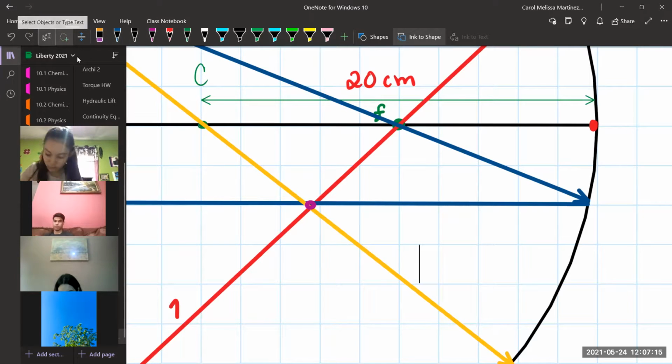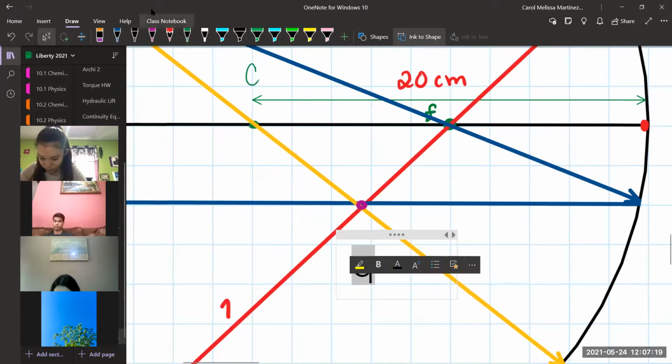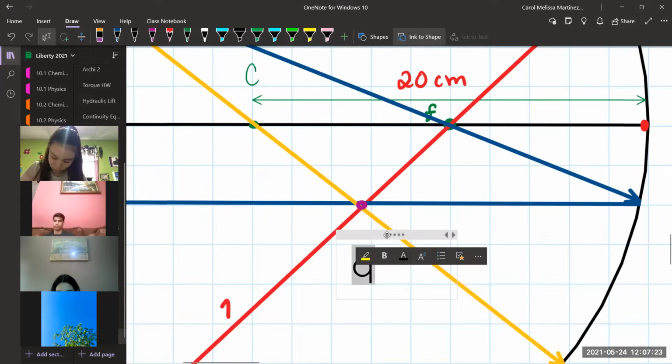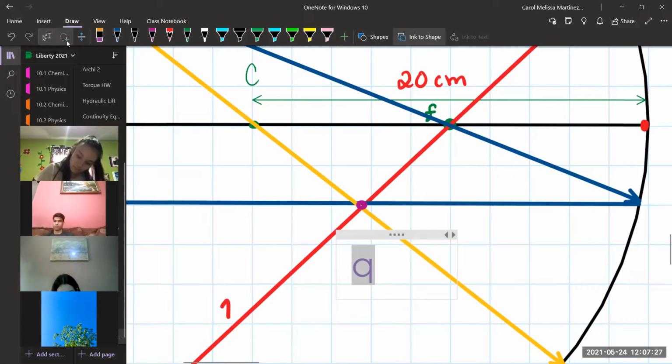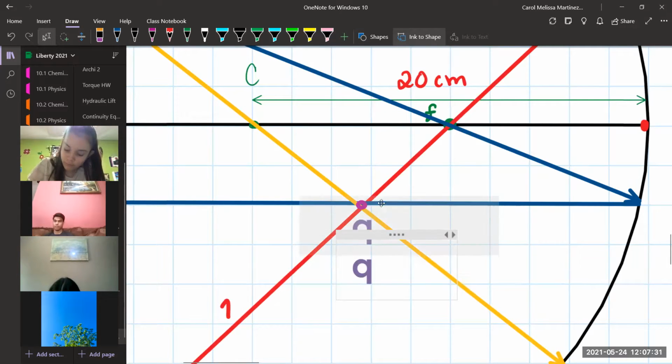This is the point Q. And the point Q, sorry, is the one where the image is placed.